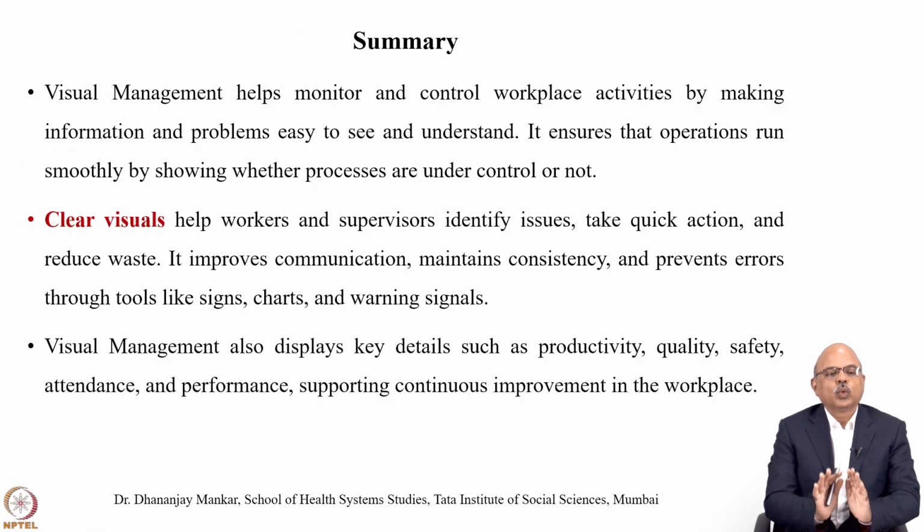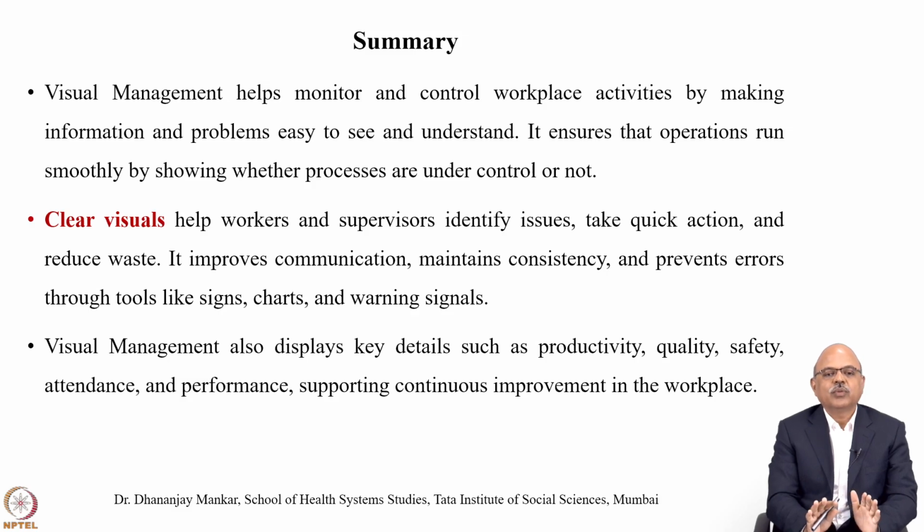So in summary of these two things that we have studied, visual management and 5S: visual management helps monitor and control workplace activity by making information and problems easy to see and understand. It ensures that operations run smoothly by showing whether the processes are in control or not.